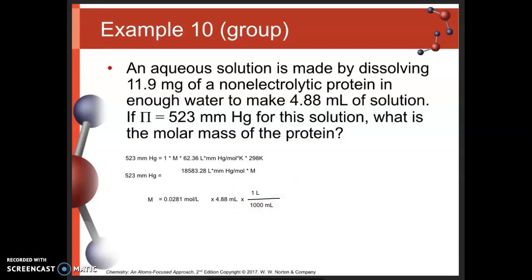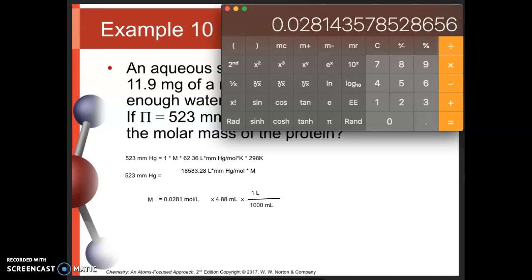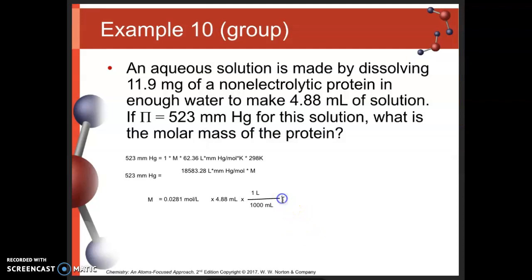And if we do that, times 4.88 divided by 1,000, we get 1.37 times 10 to the negative fourth moles of the protein.